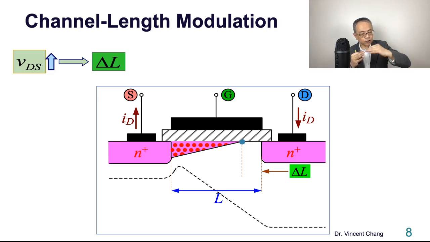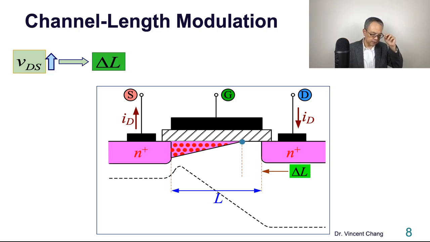So it actually increases the reverse bias of the drain to body junction. Let me repeat that: when you increase VDS, you increase the reverse bias of the N plus drain to P substrate, the drain to body junction.